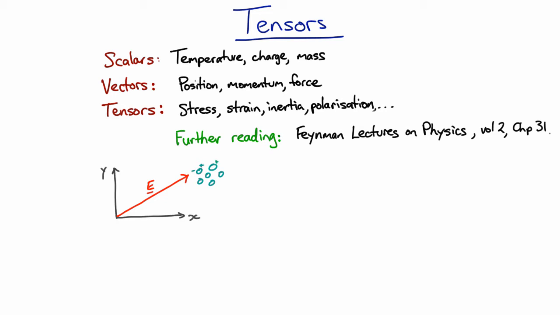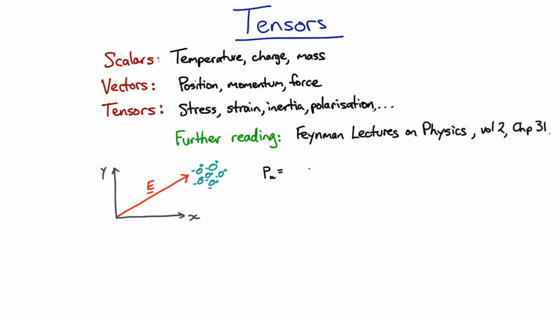In other words, each molecule splits up into a bunch of dipoles. And the amount that it gets polarized depends on both the material and the electric field, the strength of the electric field. Now the stronger the electric field, the stronger the polarization.